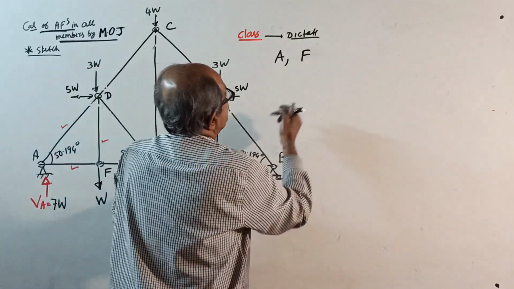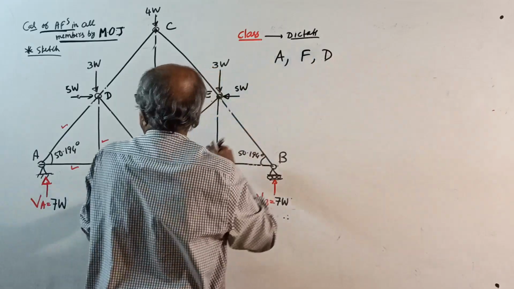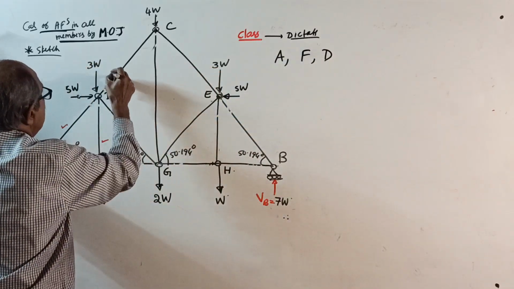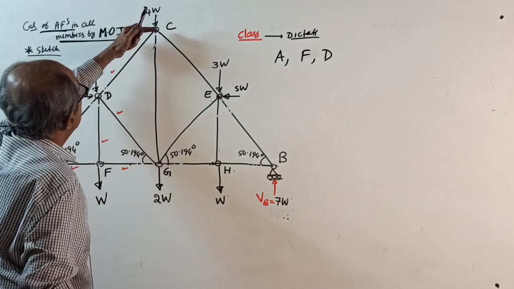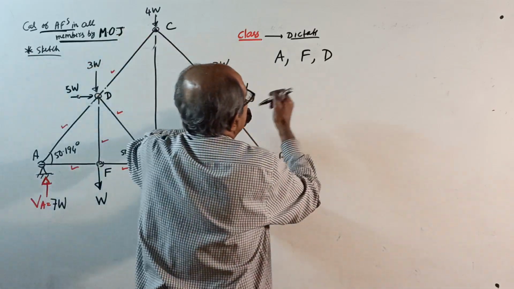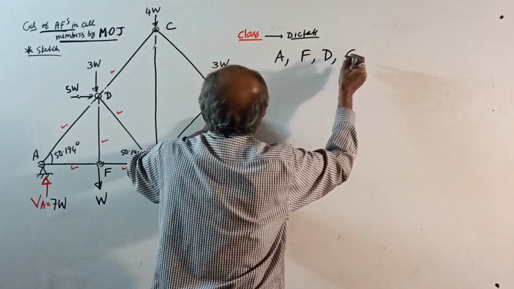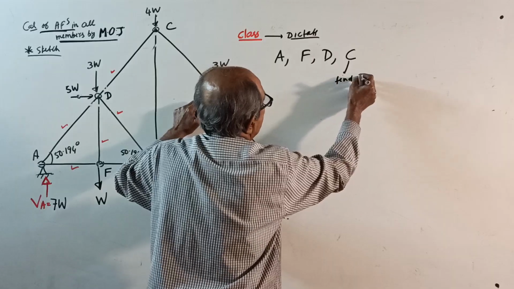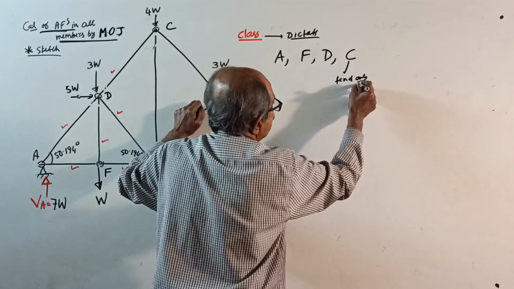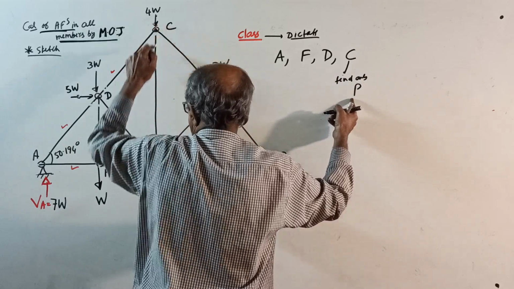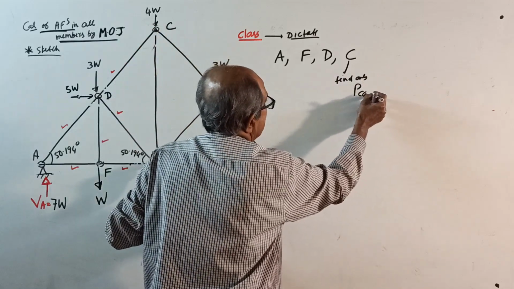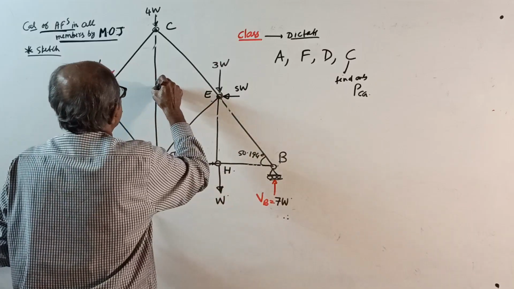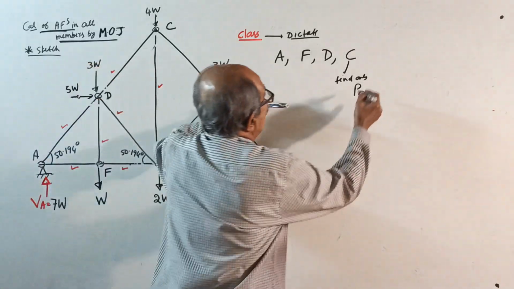Now go to D. You will get force in these two members. Now go to C and find only the force in CG, which is sufficient. Get this force, that's all, over.